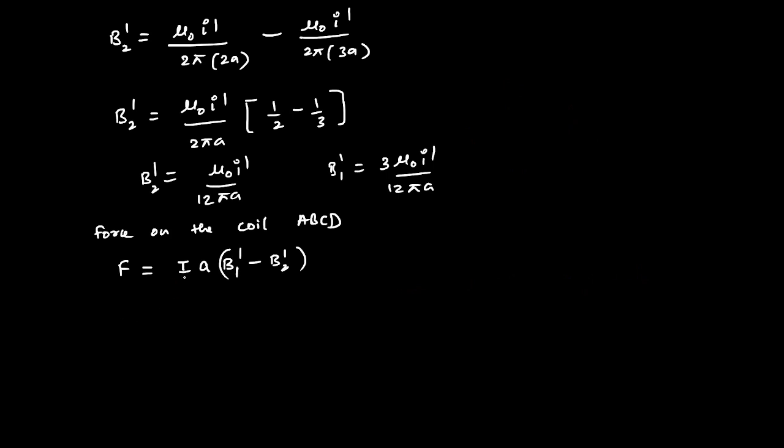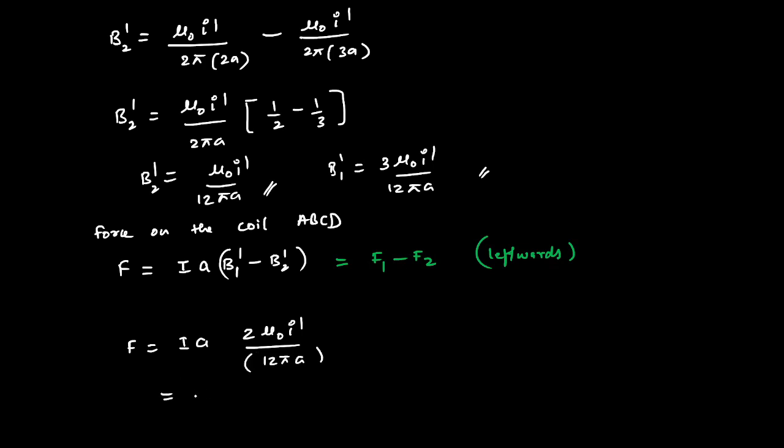The net force is given by B I A times B1 dash minus B2 dash, so this is F1 minus F2, and this force is towards the left. The force equals I times A times (B1 dash minus B2 dash). Using these values, this is 2 times mu naught I dash divided by 12 pi a.